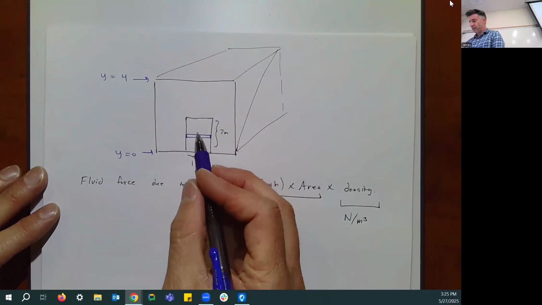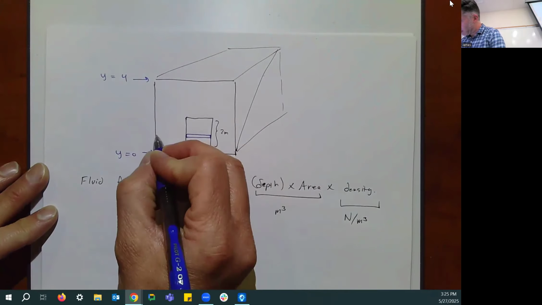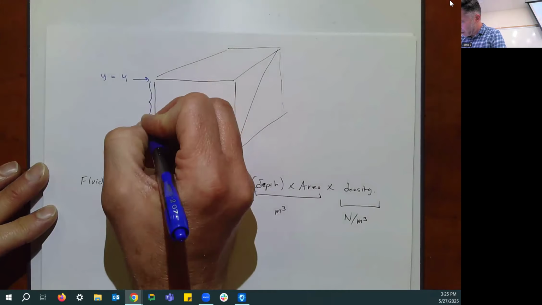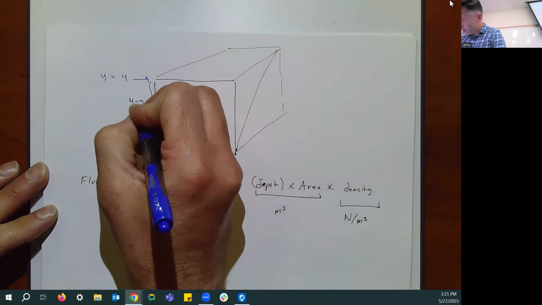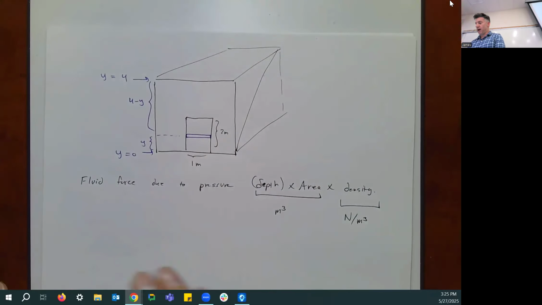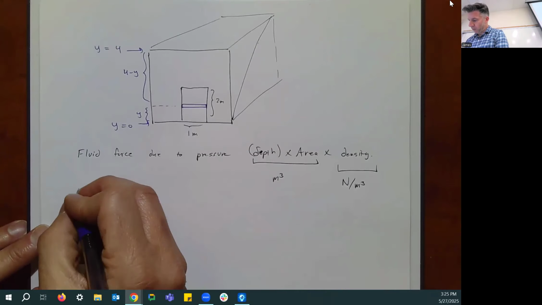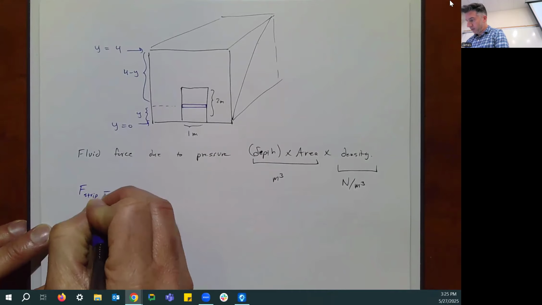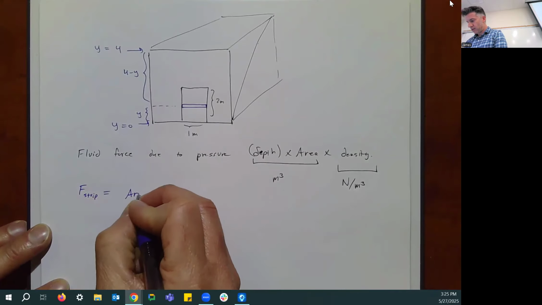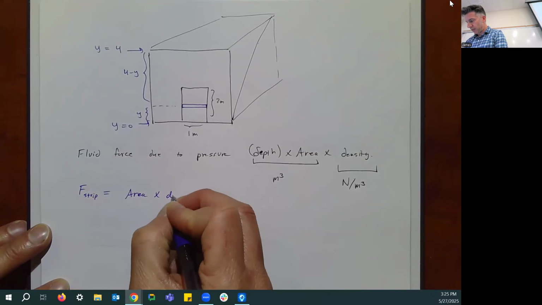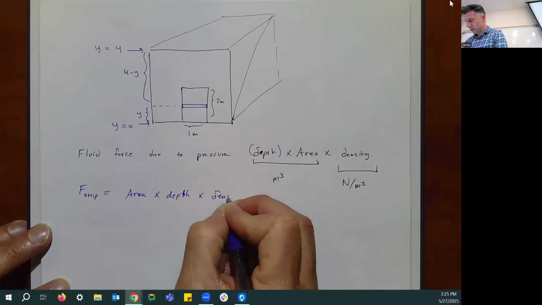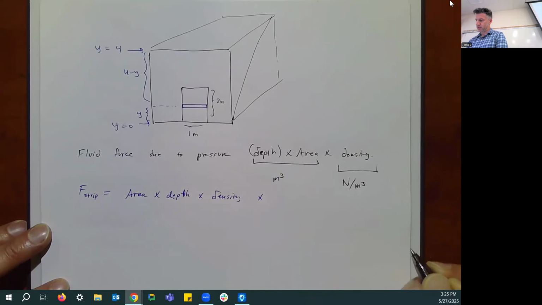We're going to say that strip is at a height of y, a depth of 4 minus y. But now the fluid force on our strip, well, again, the force is the area times the depth times the density, times, that's it.